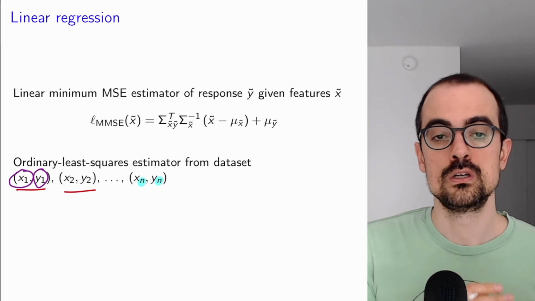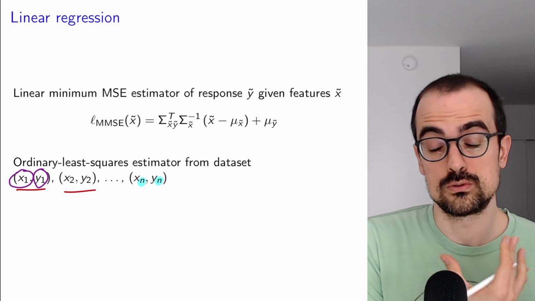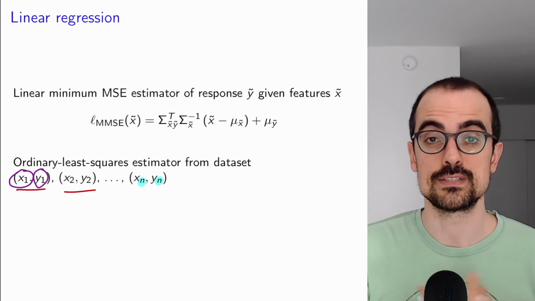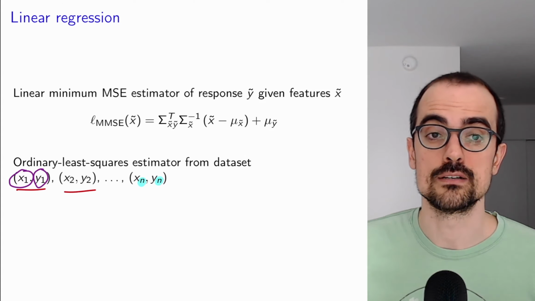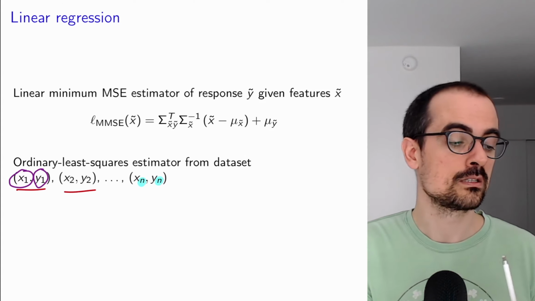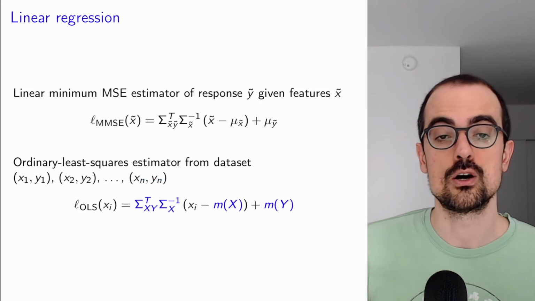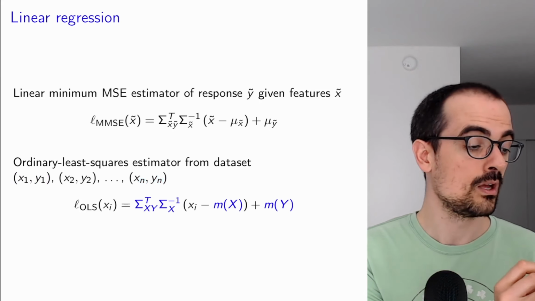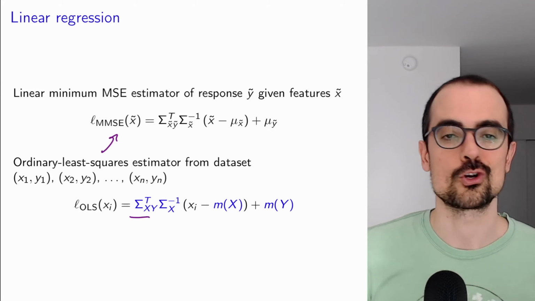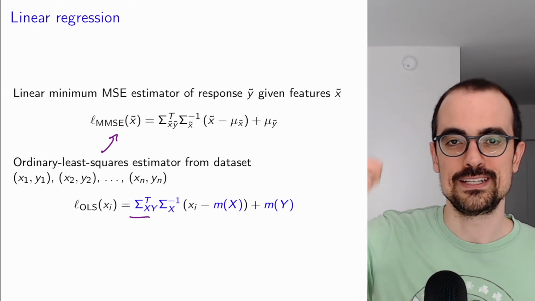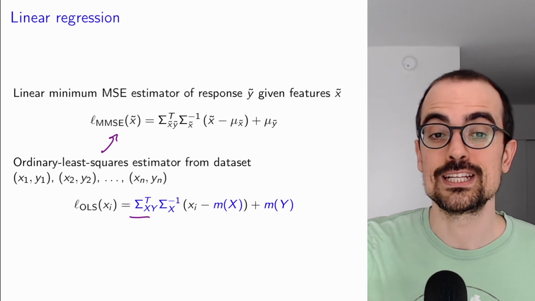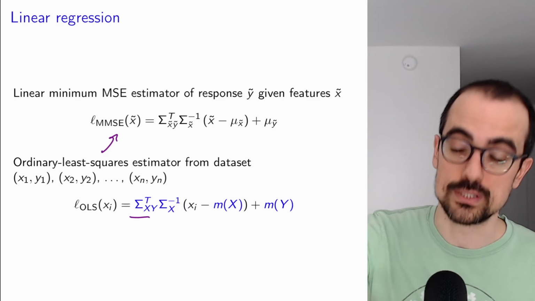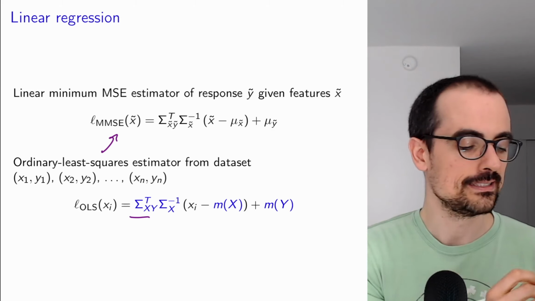And what we do in order to train a linear model on this kind of data, as we explained in the video on ordinary least squares, is basically construct the ordinary least squares estimator, which is very similar to the linear MMSE estimator, except that instead of the cross covariance between the features and the response, we're using the sample cross covariance between the features and the response observed in the data.